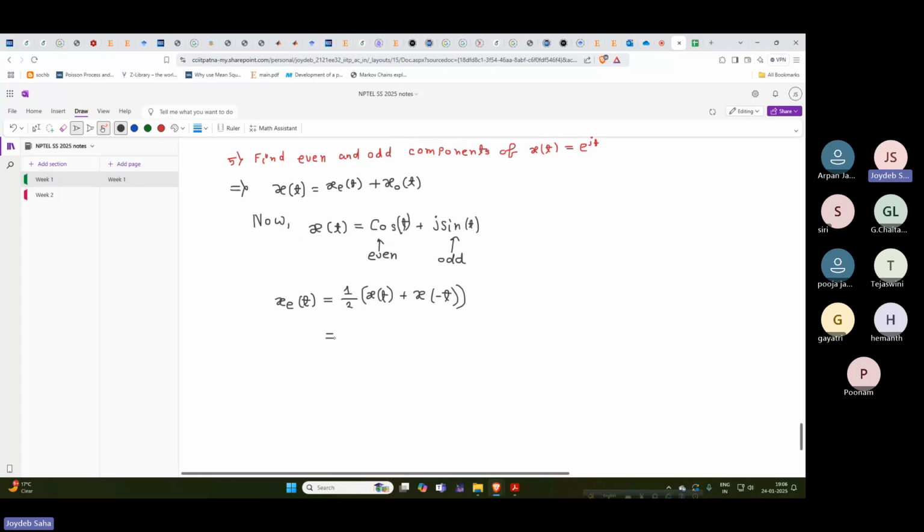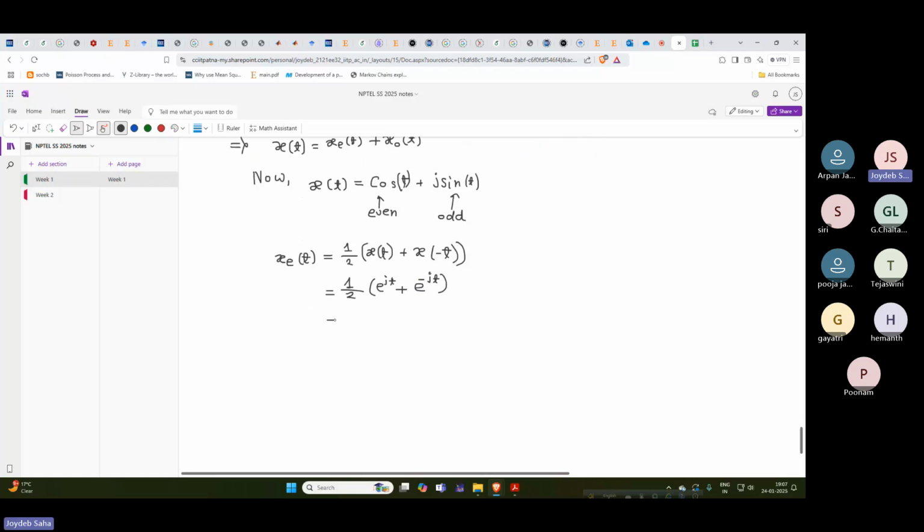It is nothing but 1 upon 2 [e to the power jt plus e to the power minus jt]. This is cos t.